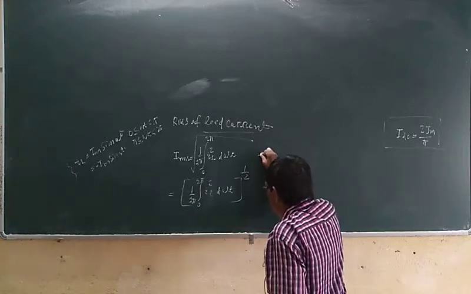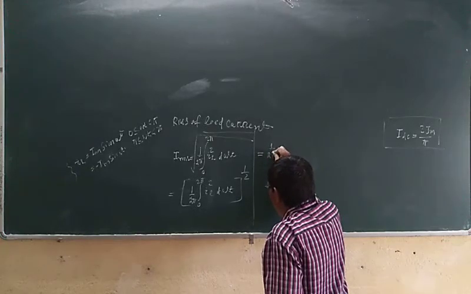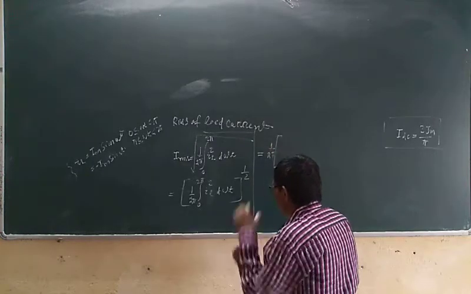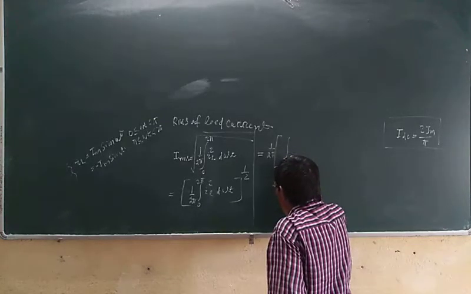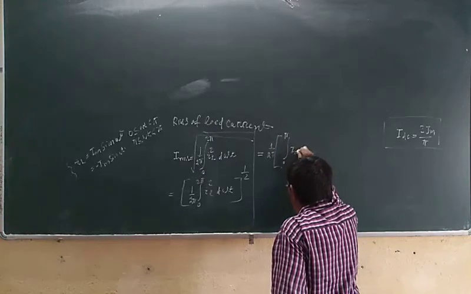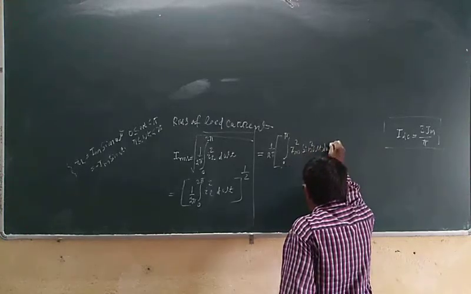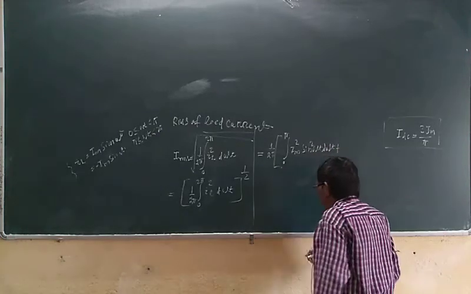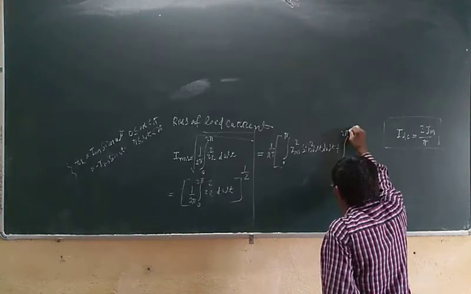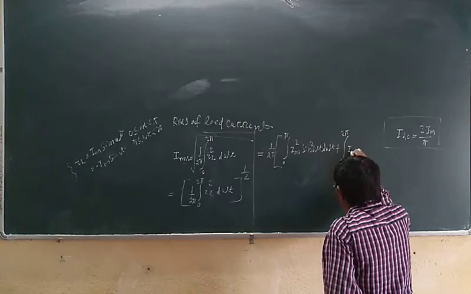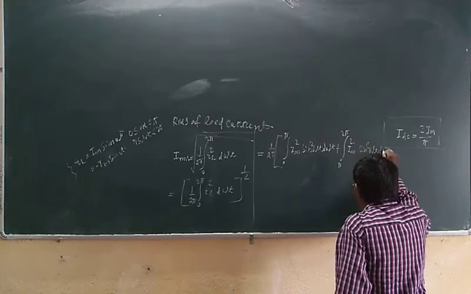Now it is written as equal to 1 by 2 pi, integrating 0 to pi Im square sin square omega t d omega t, plus, minus Im square means Im square, now pi to 2 pi Im square sin square omega t d omega t.